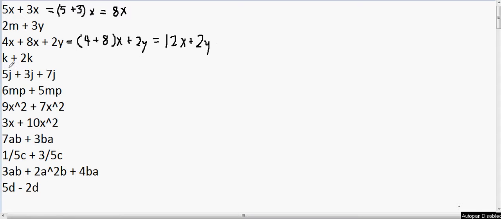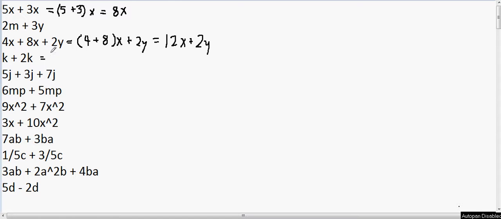Next, we have k plus 2k. The two terms we have here are k and 2k. They both have the same variable part, k, but k doesn't have a number in front of it. We can think of that term as having 1 multiplied by it.